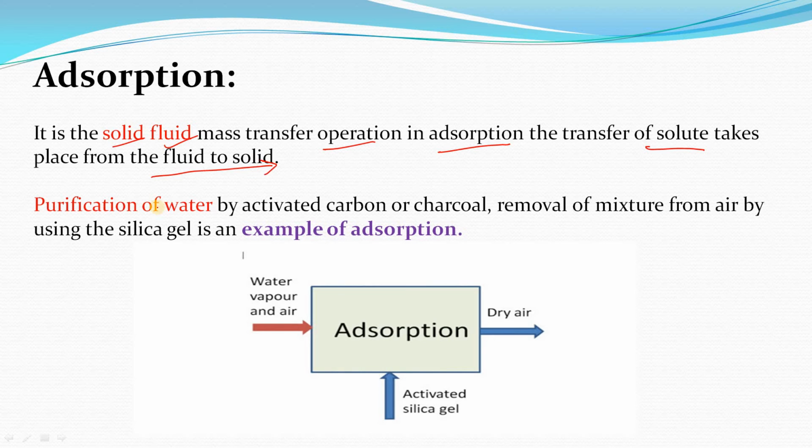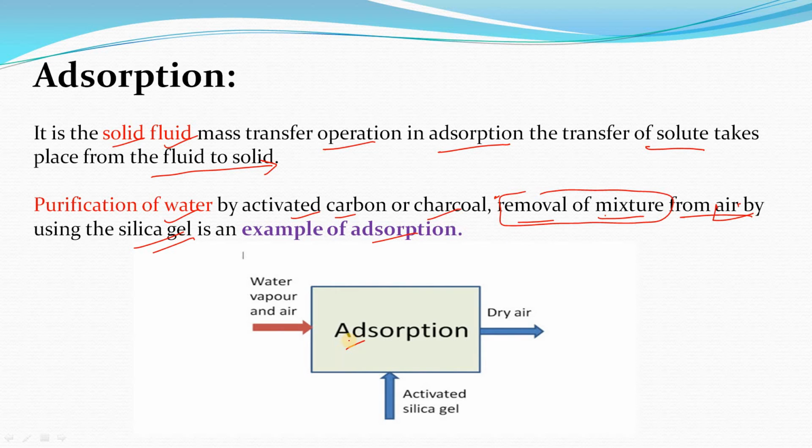The examples of adsorption are purification of water by activated carbon or charcoal. Another example is removal of moisture from air by using silica gel. Moisture means you can say the impurities.